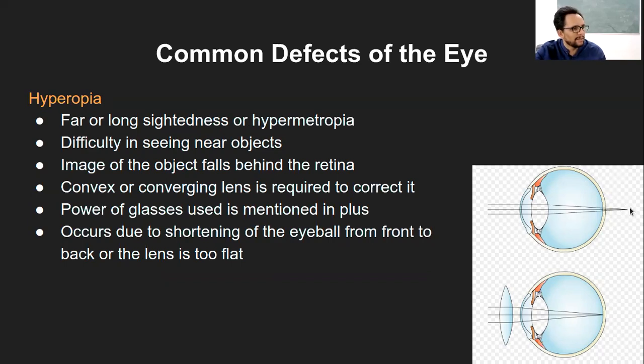That is what this diagram wants to say. And that is when you don't see objects clearly. So to get it back, you use this convex lens, and then you adjust the focal point. Yeah, so that's about hyperopia and myopia.